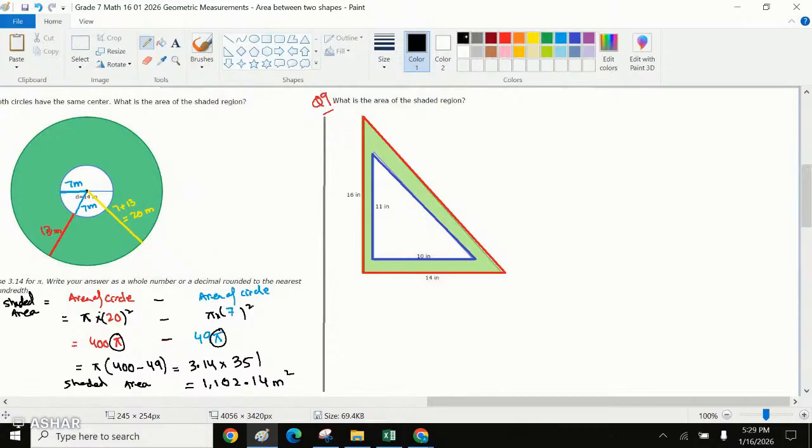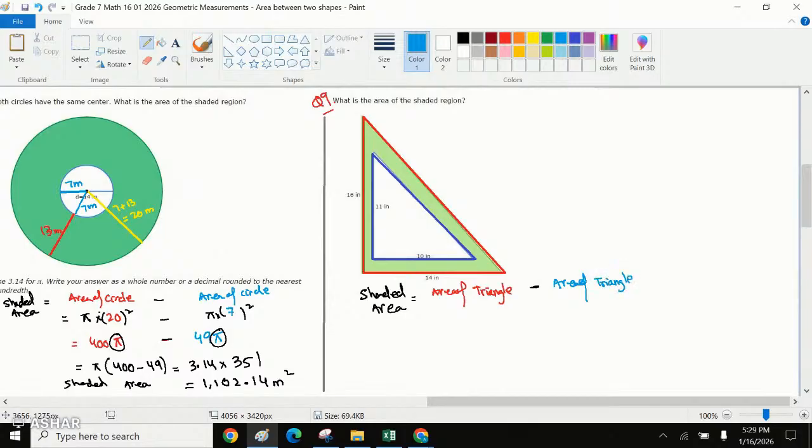Let's say we need to find the shaded area. So can we say the shaded area would be the area of the larger triangle minus the area of the other triangle, that is the smaller triangle?